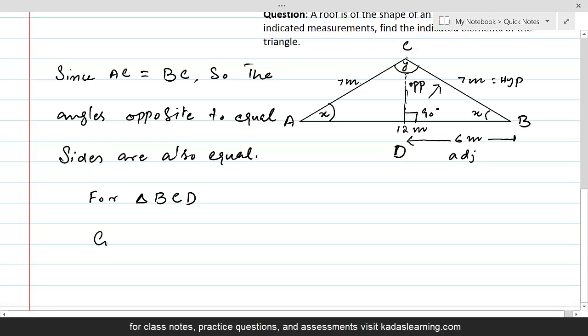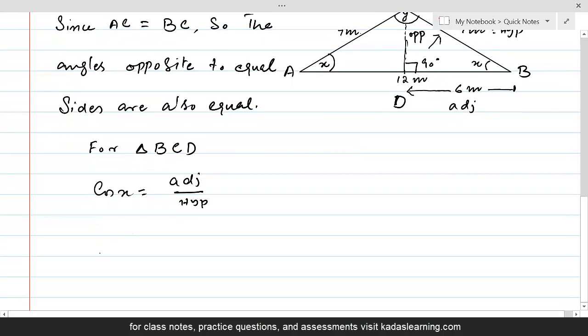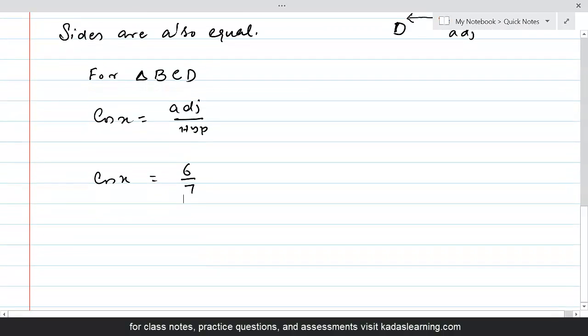Cos of X is equal to adjacent over hypotenuse, and adjacent is 6 and hypotenuse is 7. So cos of X is equal to 6 over 7, which will be 0.857.